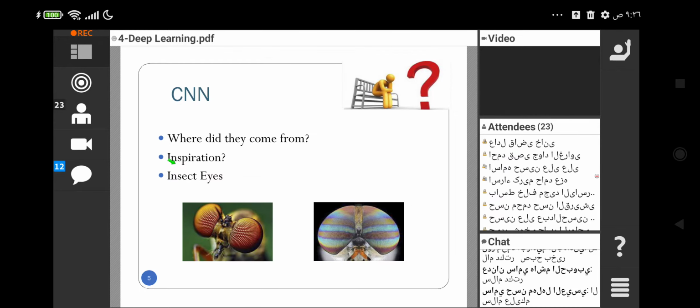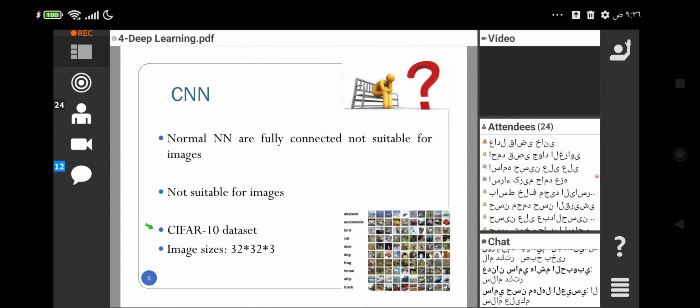I said that this CNN was inspired from nature. I talked about this in the previous session, when we were talking about this slide. We have a database of images, and the name of this data set is CIFAR 10.